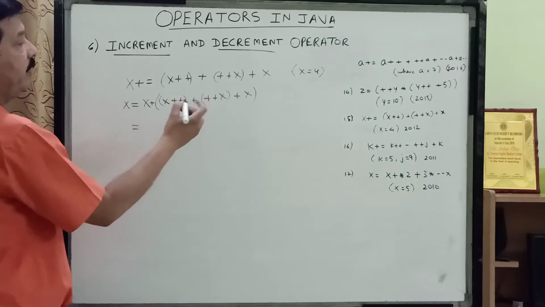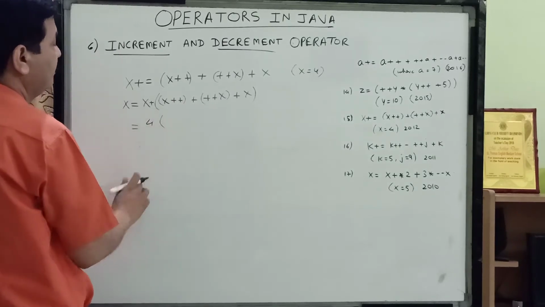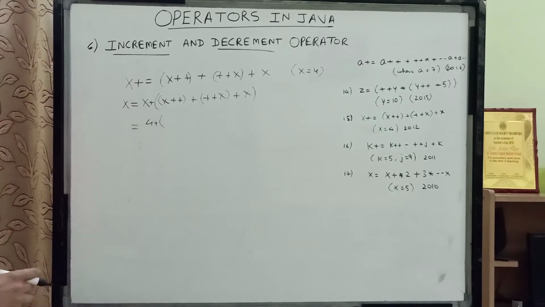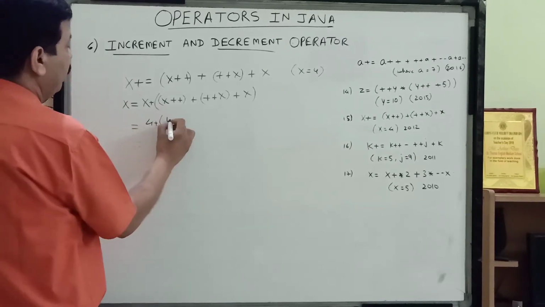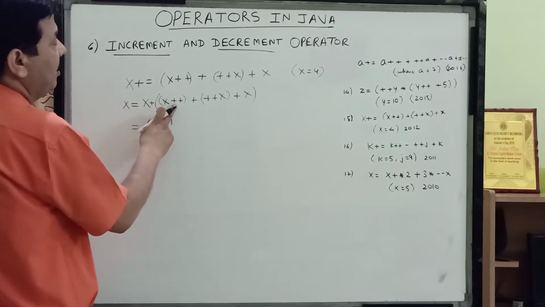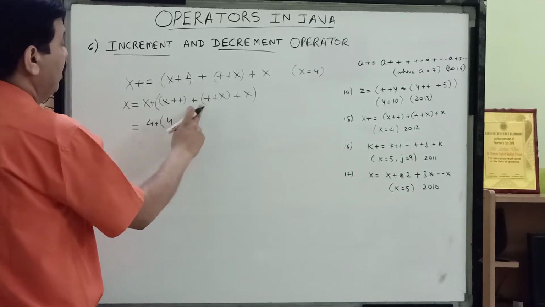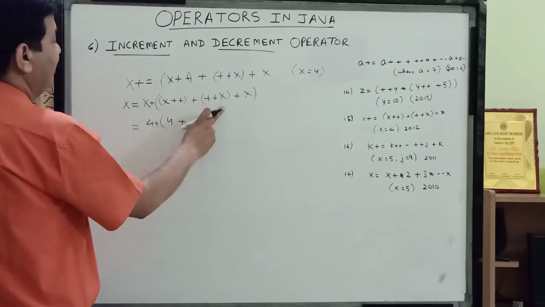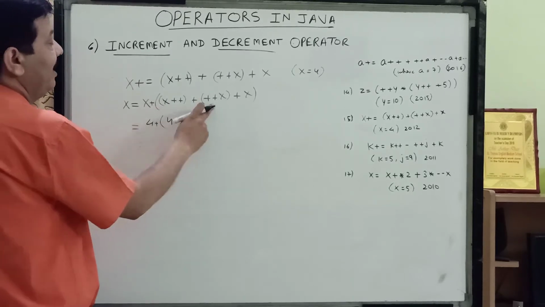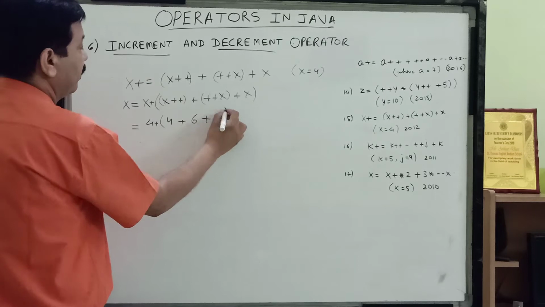So x is 4, so 4 plus brackets, and since it is a post-increment, 4 will come here, but its value becomes 5, and when we add here it is pre, so it becomes 6. So its value becomes 5 and then 6, 6 plus 6.